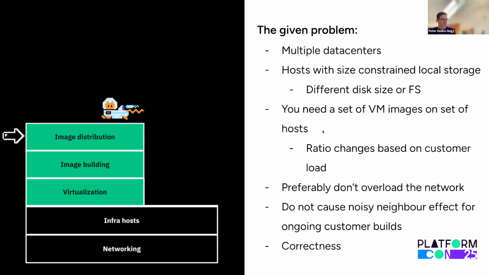And it would be really good if we could shift capacity based on customer usage, so it would happen automatically. And by doing this, you probably don't want to overload the network, and you definitely don't want to cause trouble for customer builds, because you can easily create a noisy neighbor effect and disrupt the running builds.